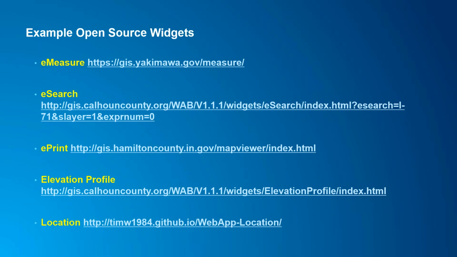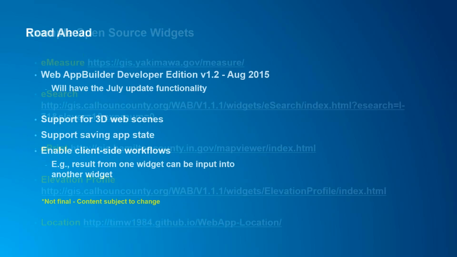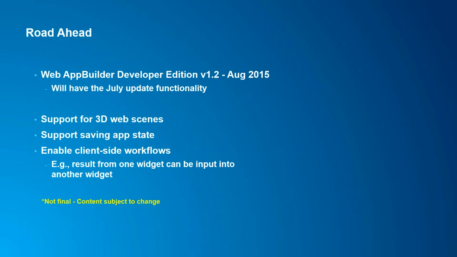Calhoun County, yeah. Particularly eSearch is a very good one. It combines attribute and location, search by attribute, search by location from ArcMap. And even the elevation profile, that's available in one of the templates, but it's not available in Web AppBuilder. So if you want to use that in Web AppBuilder, he has created a custom widget that you can add in if you want to.